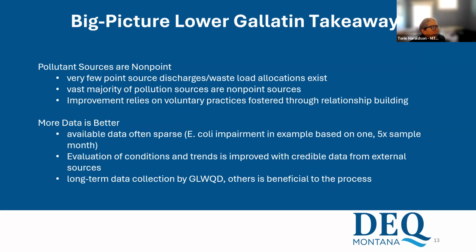Pollutant sources are largely non-point. So there really aren't very many permitted discharges or waste load allocations. And so I think improvement here really relies on the voluntary practices that are fostered through relationship building.